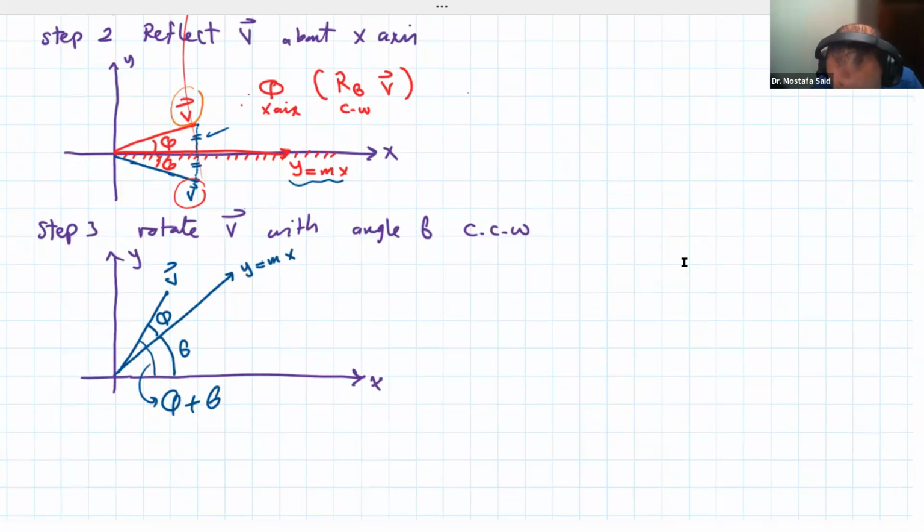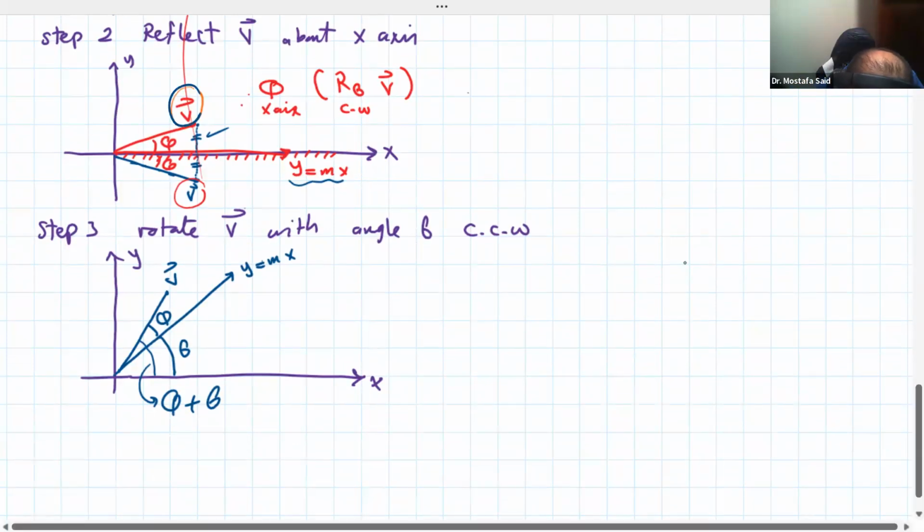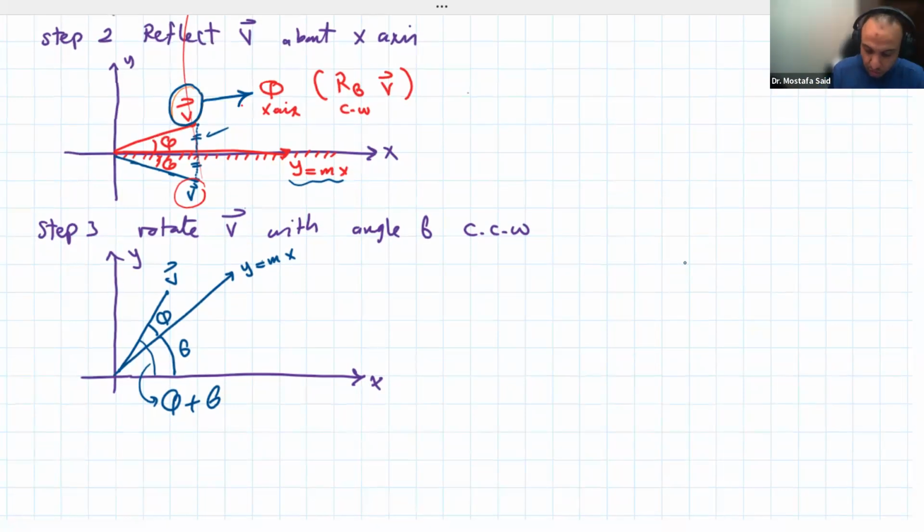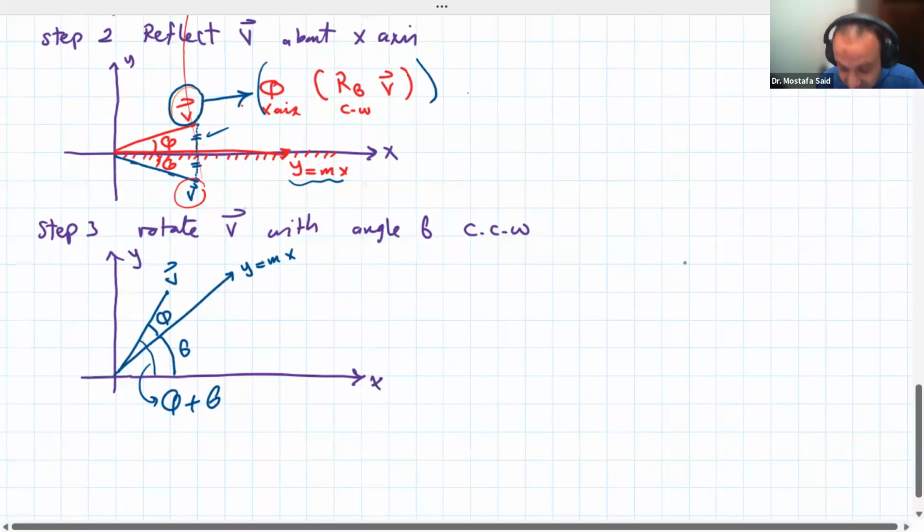Okay, so let's now translate that into mathematics. Remember that v here is actually represented by this multiplication: q x-axis, r theta clockwise, v. We're going to take all of that and multiply it by the rotation matrix of angle theta counterclockwise.